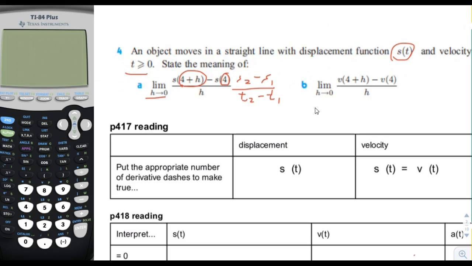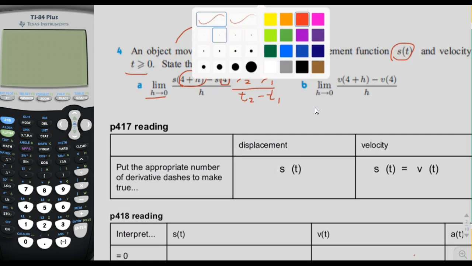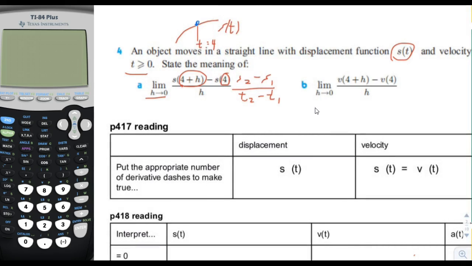So it becomes the tangent line. Let's say this is the function s of t, and this is t equals 4. What this is saying is the average velocity, except they push t1 and t2 together so that it's basically a width 0 triangle.